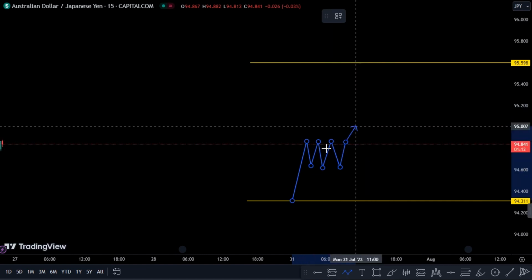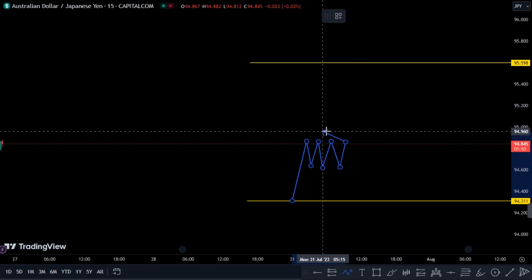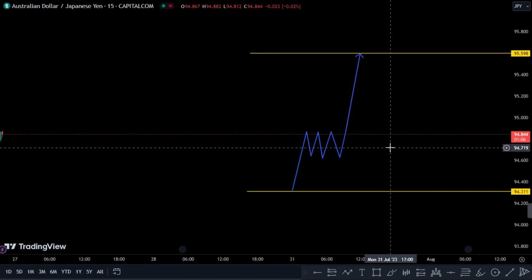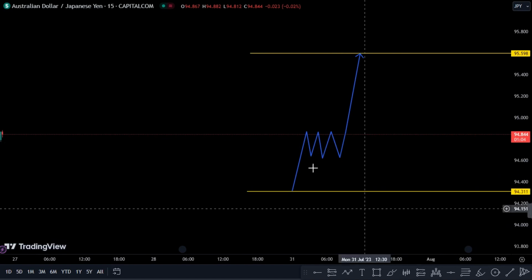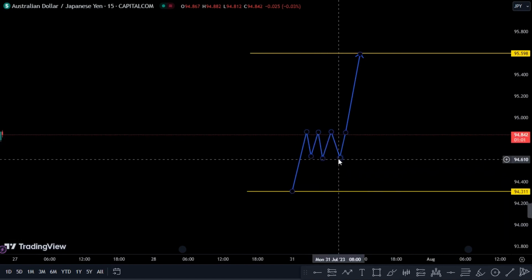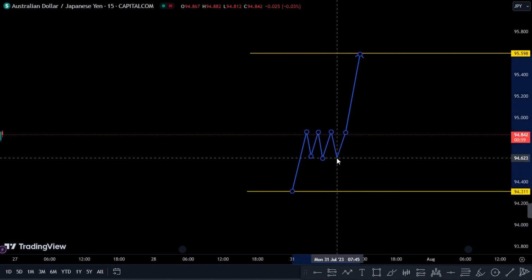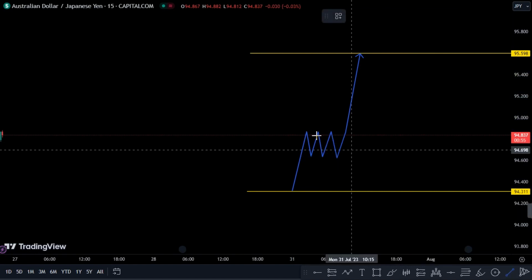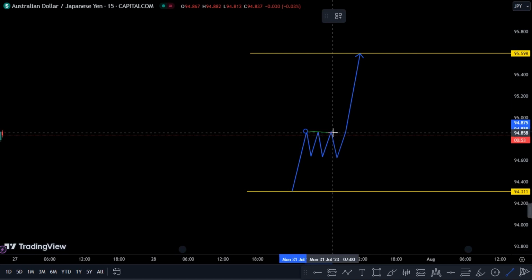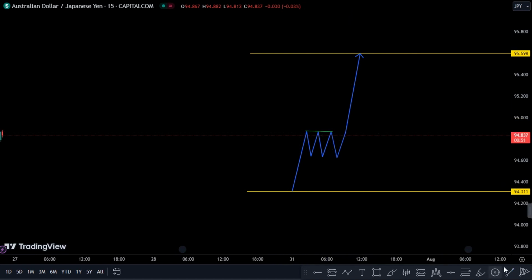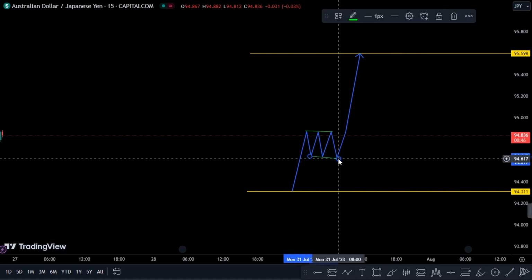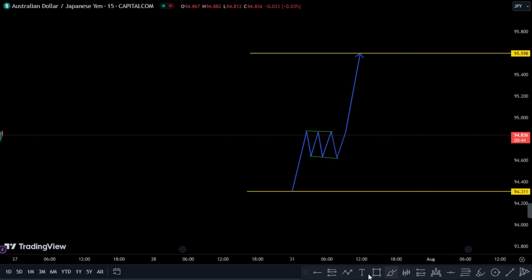These are continuation patterns, and those are the patterns that we are going to be utilizing for the strategy that I'm explaining here. It can look something like this, and that would be the resistance of that consolidation, and this area right here would be the support of that consolidation.